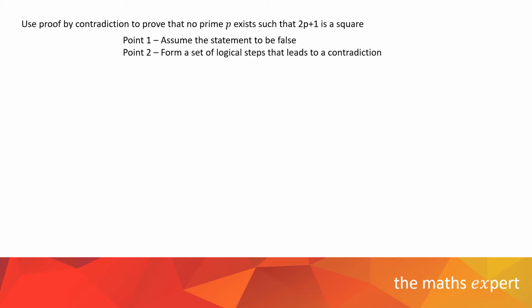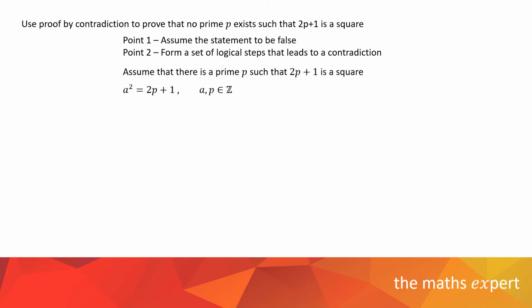So our assumption would be that there is a prime p that exists such that 2p plus 1 is a square. We can therefore say that 2p plus 1 is equal to a squared for some integer a. What conclusion can you now draw from this statement?